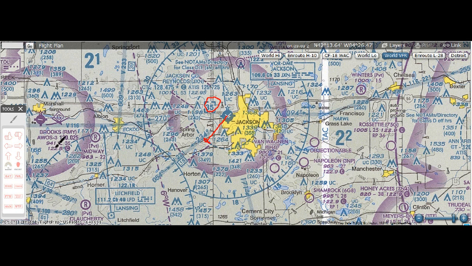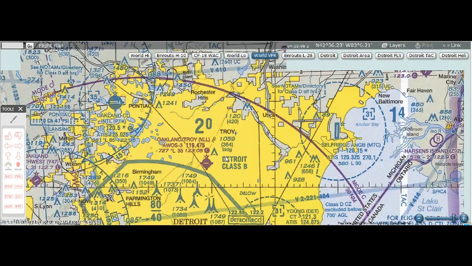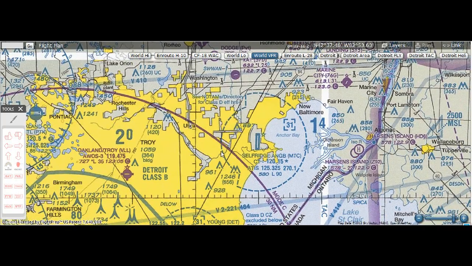Let's take a look at another Class D airspace, over here, Selfridge. You'll notice the Selfridge airspace goes out a lot further than 4.4 nautical miles, and you've got these little indentations here. I apologize for my poor drawing.